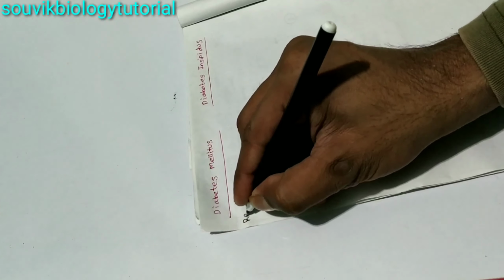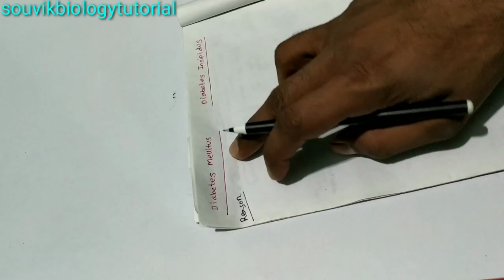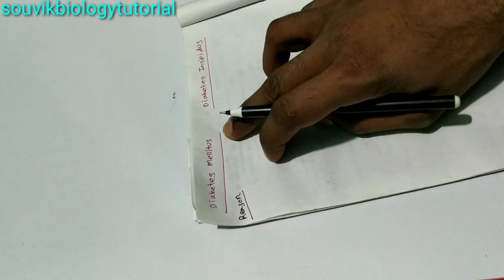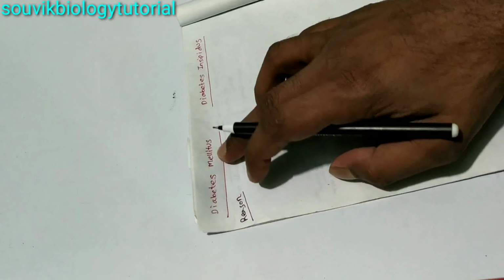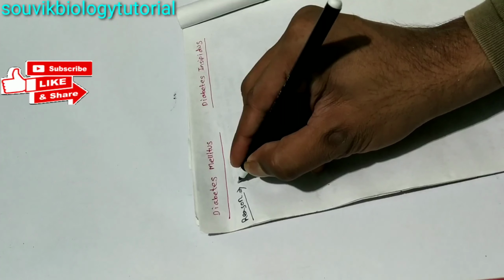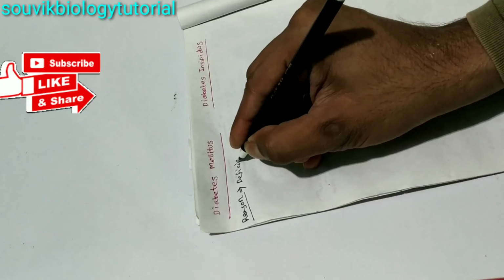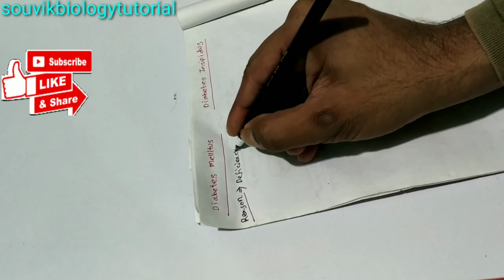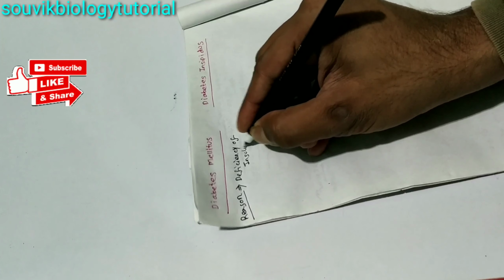The reasons behind these two diseases are different, okay? And what are the reasons behind it? Diabetes mellitus occurs due to deficiency of insulin hormone.